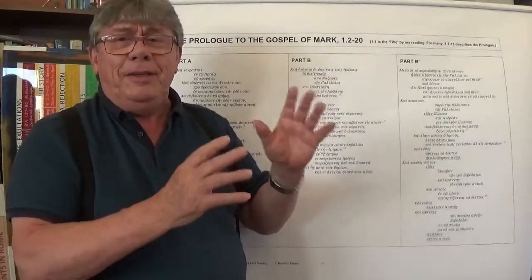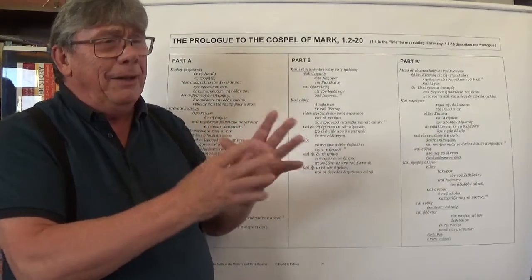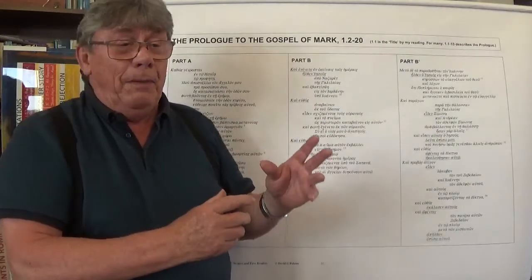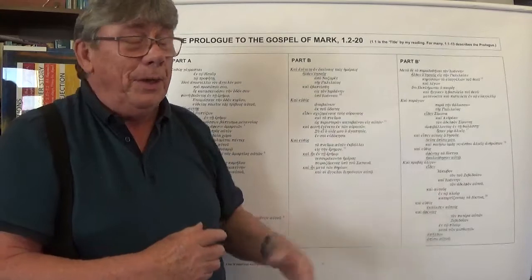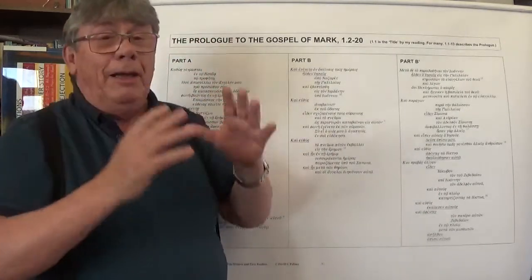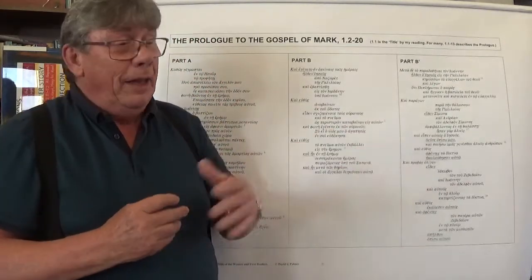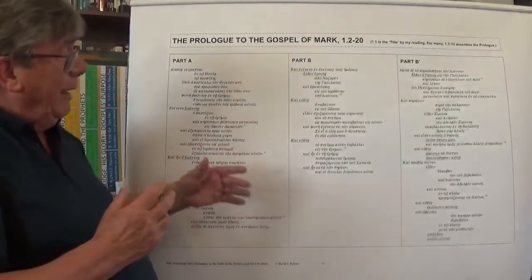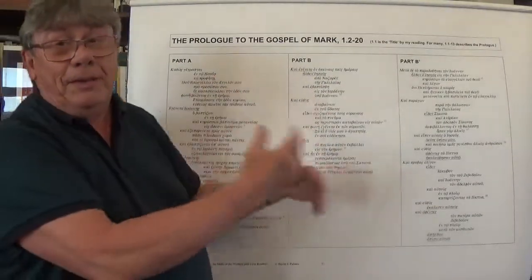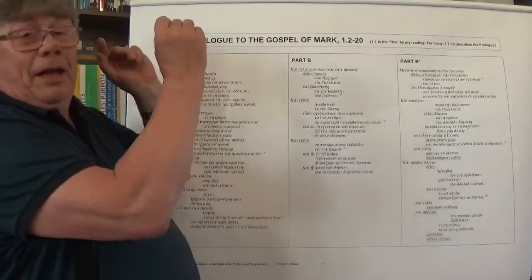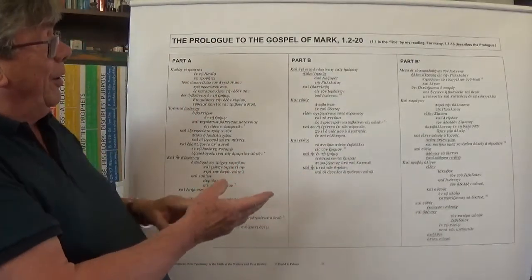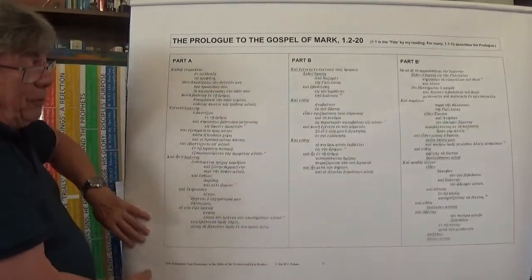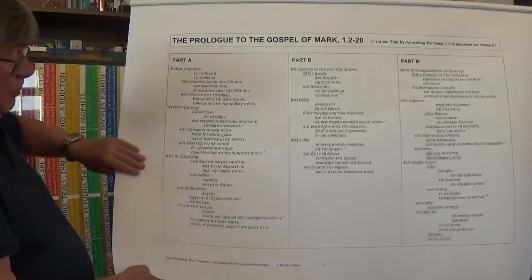And everybody can say what that scheme is, because there's an objectivity to it. It reveals itself in the Hebrew writing, just as this reveals itself and declares this is the prologue to Mark's Gospel, and not what has been said before.